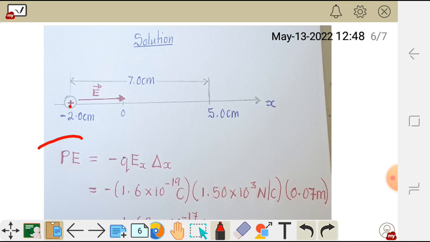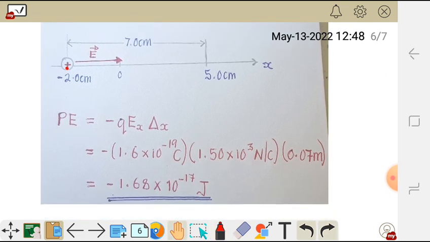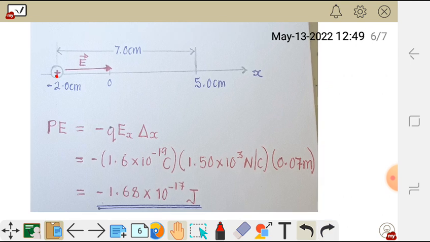So what is the change in electric potential energy? Electric potential energy, as we already said, is given by the negative work, which is equal to negative QE multiplied by the change in x, where Q is the charge, and the charge for a proton is 1.6 × 10^-19 coulombs, and E is the electric field, which is already here in the question, which is 1.5 × 10^3 newtons per coulomb, and the distance is x.